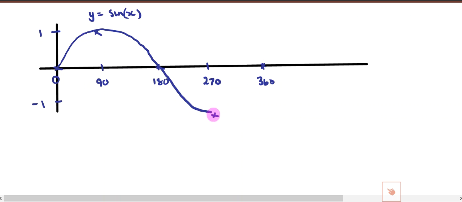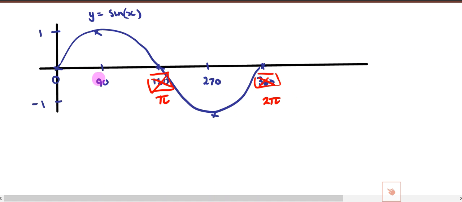Now I'm thinking, well, what would it change if we did it in radians instead? Anything? But what should 180 be written as? Pi. What should 360 be written as? 2 pi.